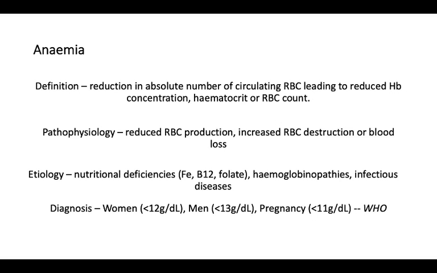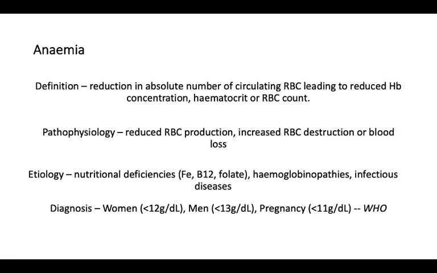There are 3 ways in which this can happen, so 3 mechanisms. The first one is if you have a reduced production of red blood cells, obviously that could cause an anemia. Secondly, if there is increased red blood cell destruction, which then leads to a reduced RBC count, or if you have blood loss, then it's quite obvious how that might cause an anemia.